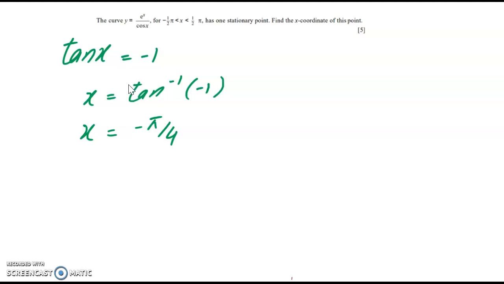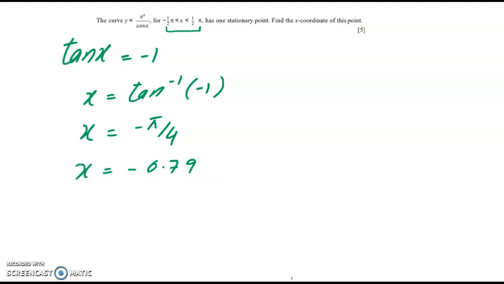Since we can see our domain is given between negative pi by 2 to pi by 2, we need to give the answer in radians. So we can give minus pi by 4, or we use a calculator to simplify this, which will be negative 0.79.